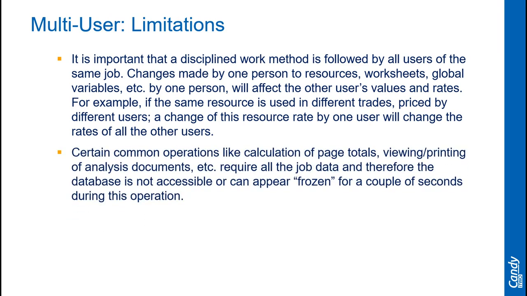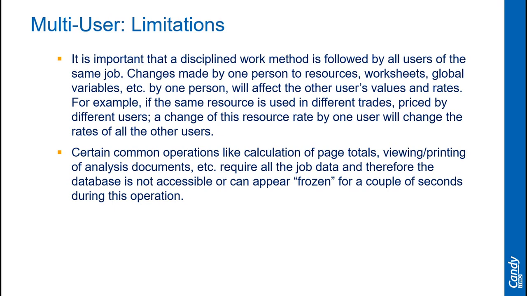Now, we are all used to working in CANDY, and you see the calculations in CANDY. It's highly responsive, very quick. You just have to click on calculate, and the totals are calculated, be it a $1 billion job or whatever. But when you're working in a multi-user mode, certain functions like calculation or printing reports or the analysis might take a little longer than what you're normally used to.